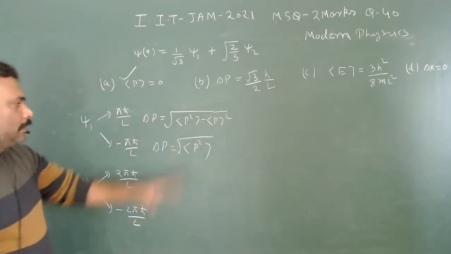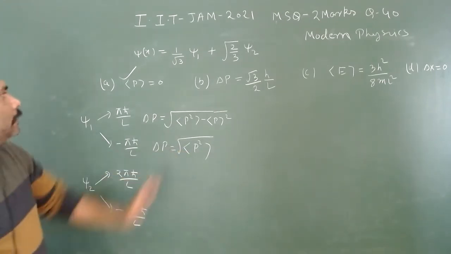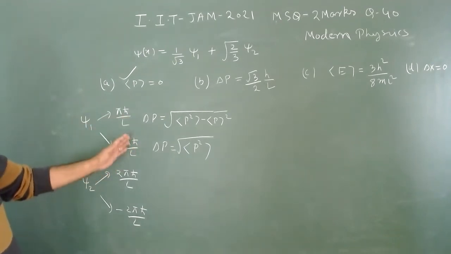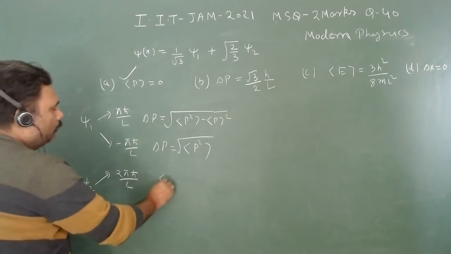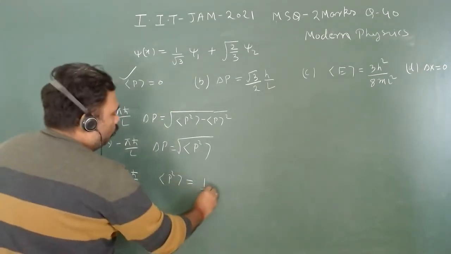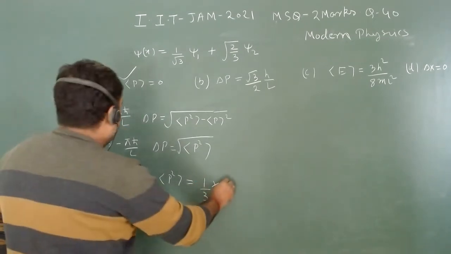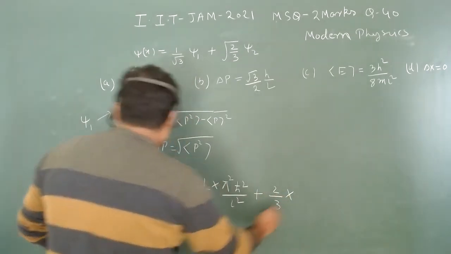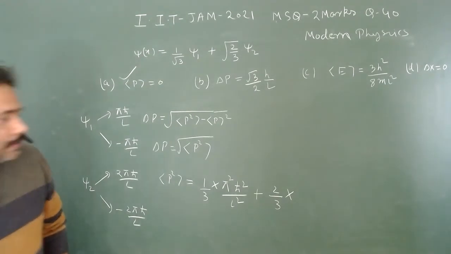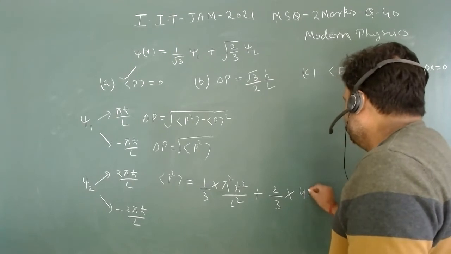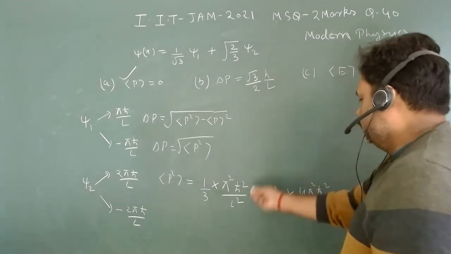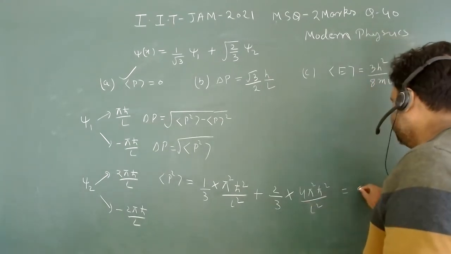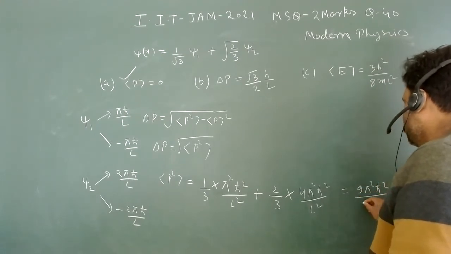To calculate it, we square the positive as well as the negative momenta, so both contribute. The average value of P square is 1 upon 3 into pi square h cut square upon L square plus 2 upon 3 into 4 pi square h cut square upon L square, which gives 9 pi square h cut square upon 3 L square.